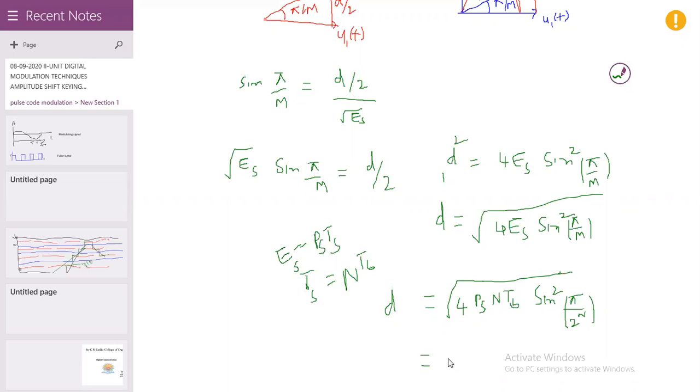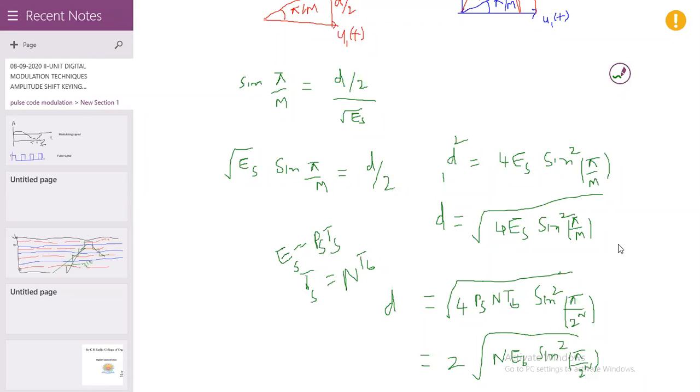Or again here you can write this as 2 into root of n into Eb, because Ps into Tb is the bit energy. So 2 root of n into Eb, sine square pi by 2 to the power of n.